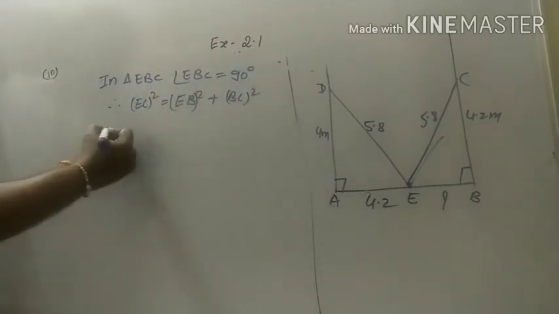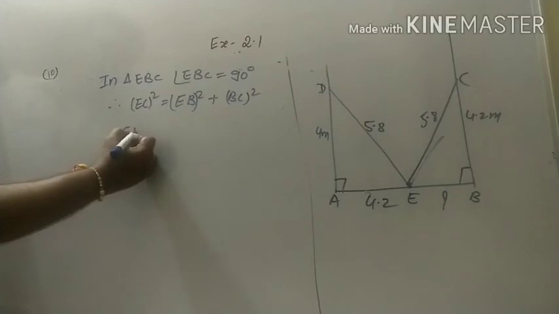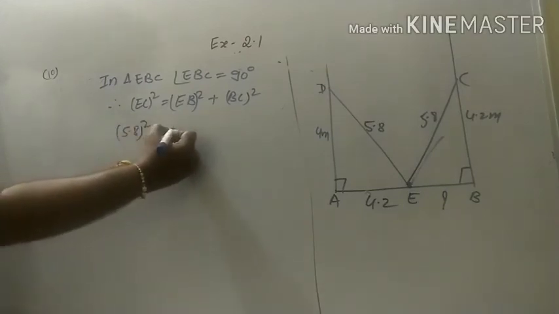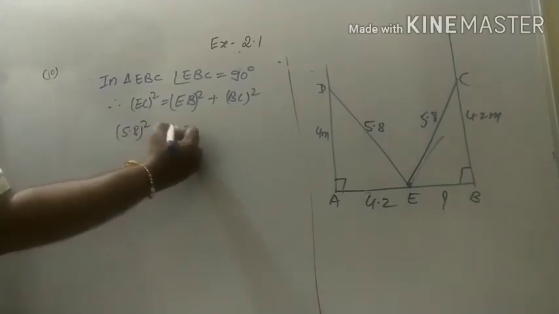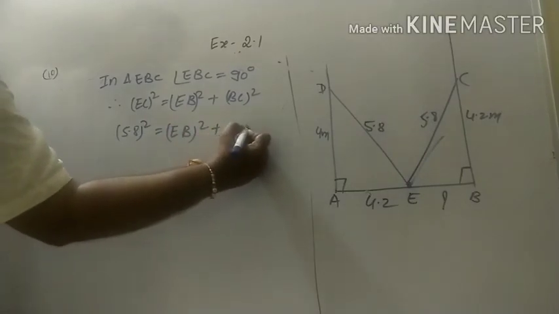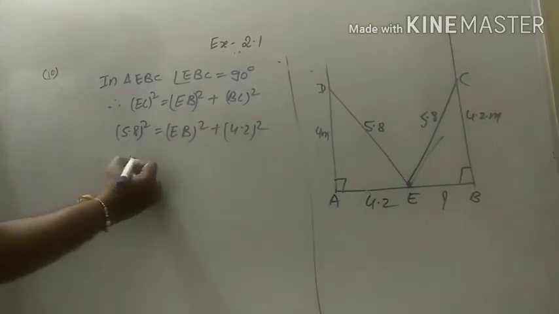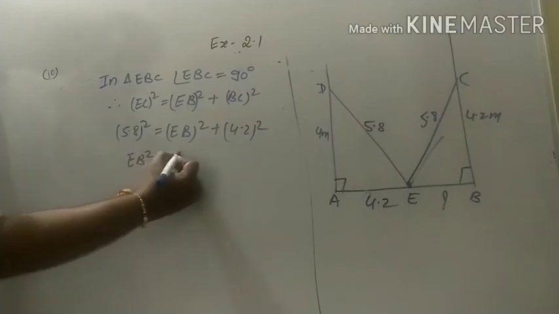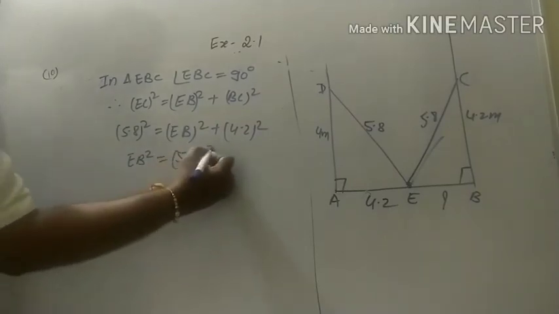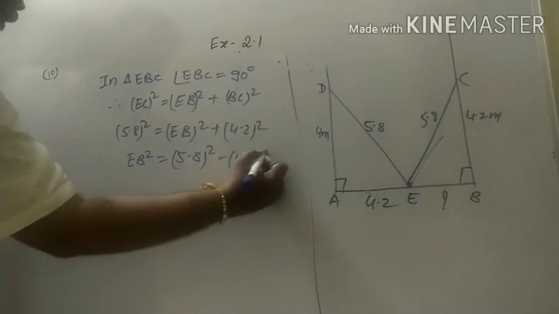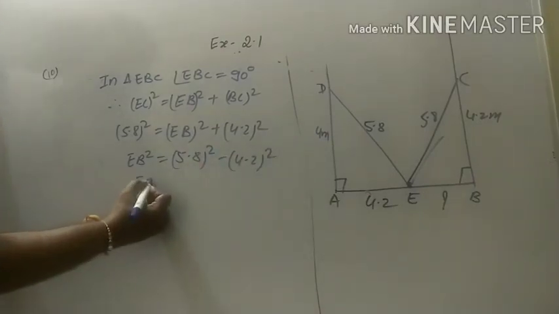EC is 5.8, the whole square, is equal to EB, which we don't know, plus BC 4.2, the whole square. Again, EB square is equal to 5.8 the whole square minus 4.2 the whole square.